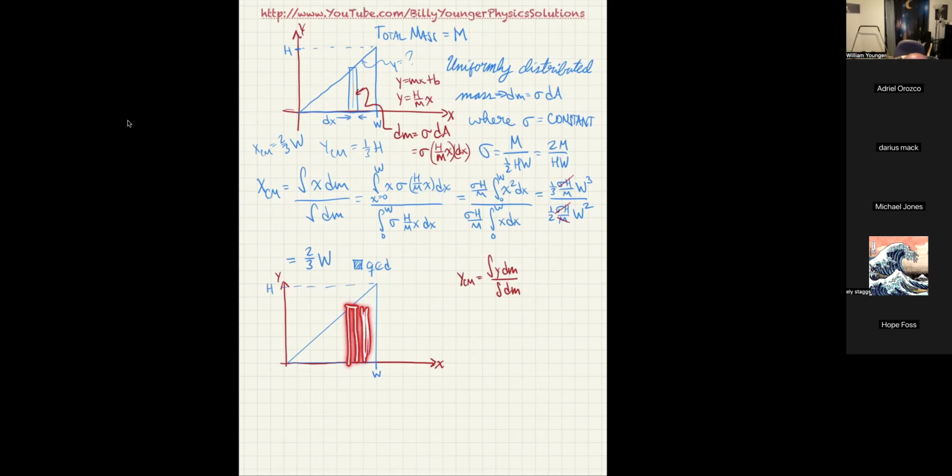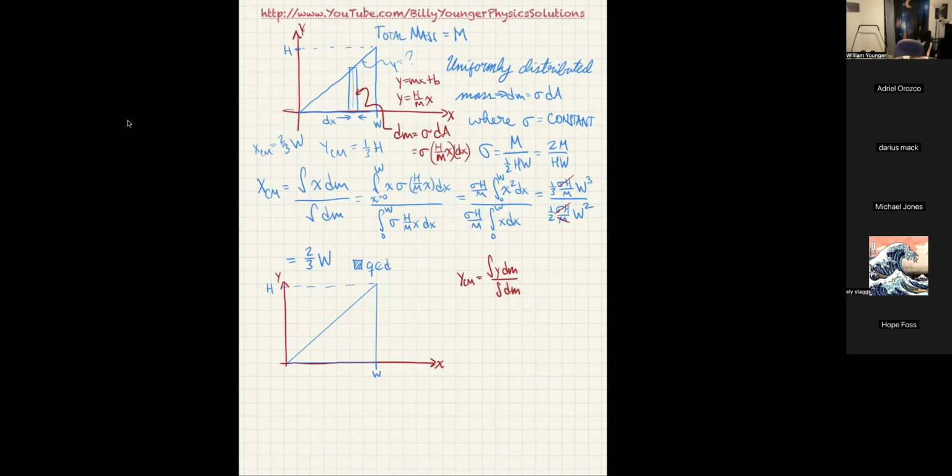It changes from this top value up here to this low value down here. That is too big. I really need something infinitesimally wide in the vertical direction. So if I drew a box like this, that would be acceptable. So that's what I'm going to do.